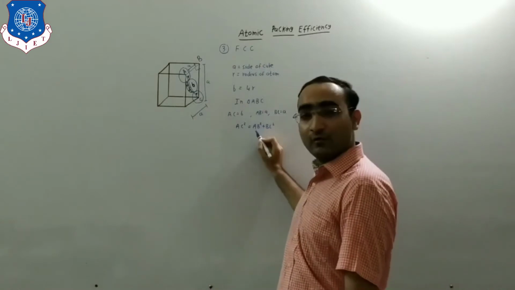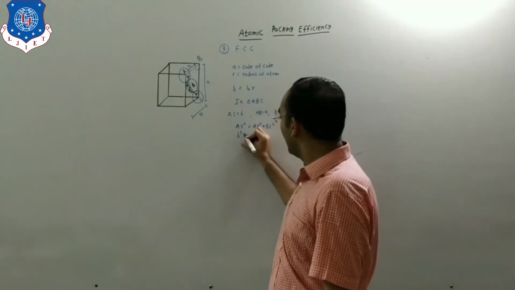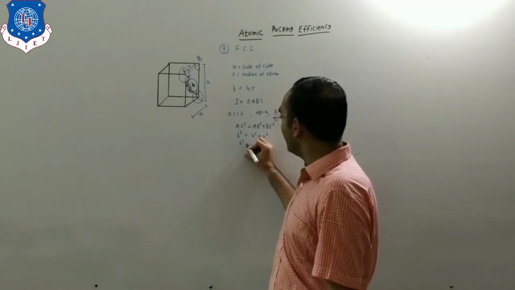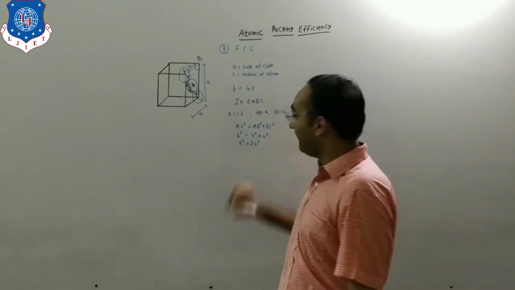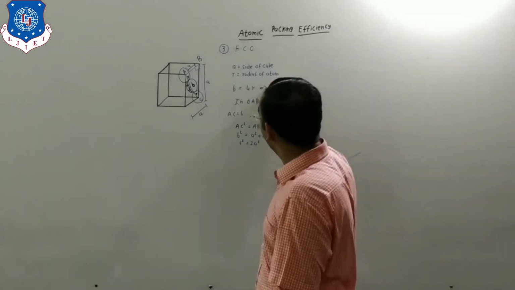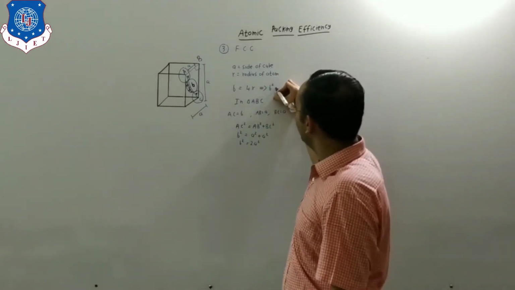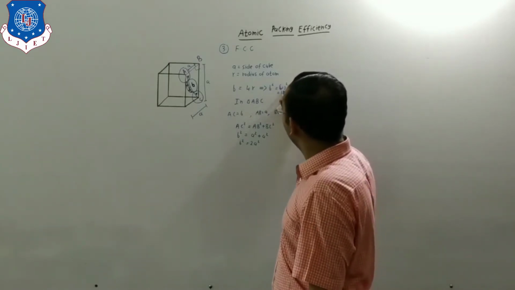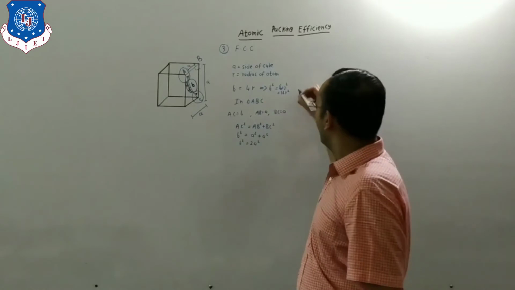So AC square is equal to AB square plus BC square. So B square is equal to A square plus A square, so B square is equal to 2A square. This implies B square is equal to 4R the whole square, which is 16R square.